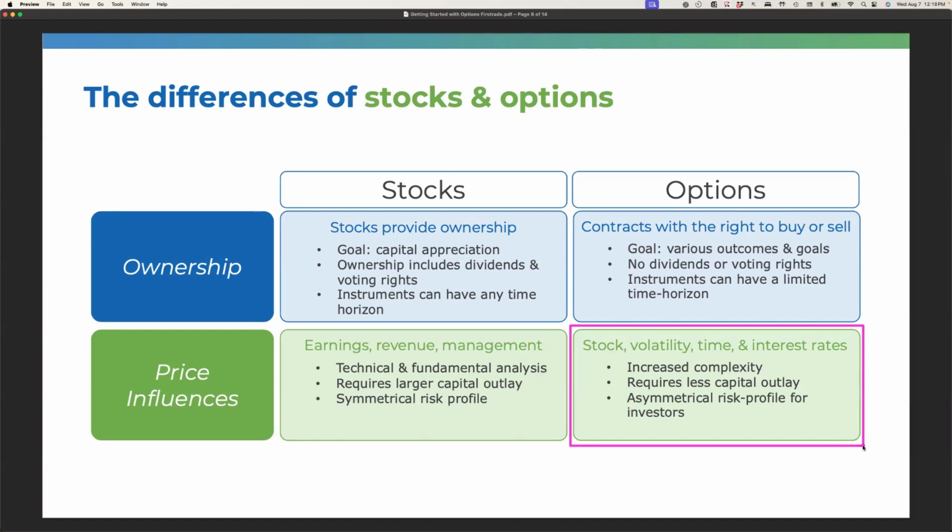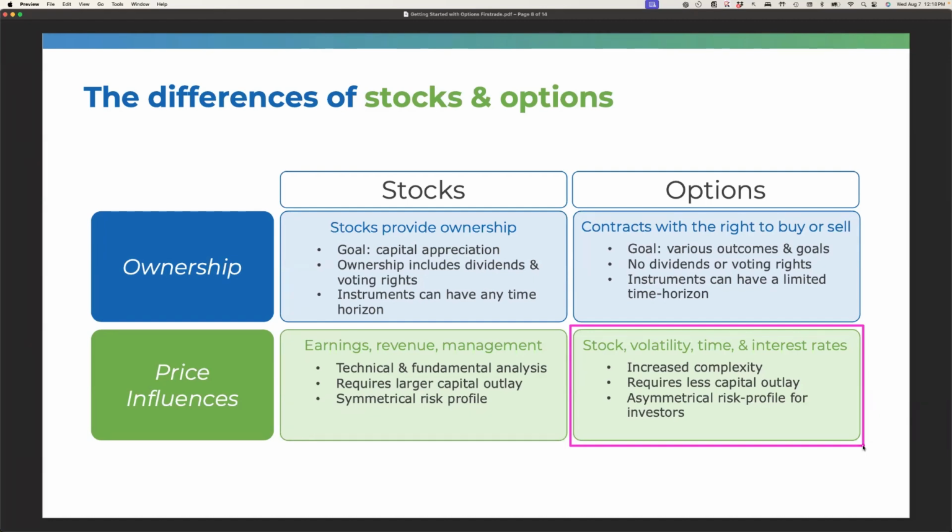Because you're thinking to yourself, okay, I can outlay a much smaller percentage of capital than buying 100 shares of the stock. Yet, if the stock goes in the direction I expect it to, I have unlimited profit potential, which is great. And if the trade goes against me, I have limited losses. I'm basically getting the best of both worlds from a leverage perspective, right?